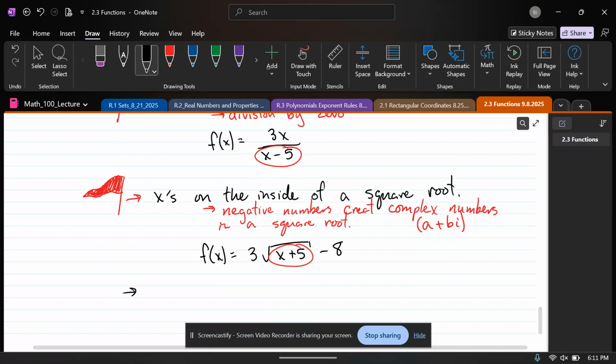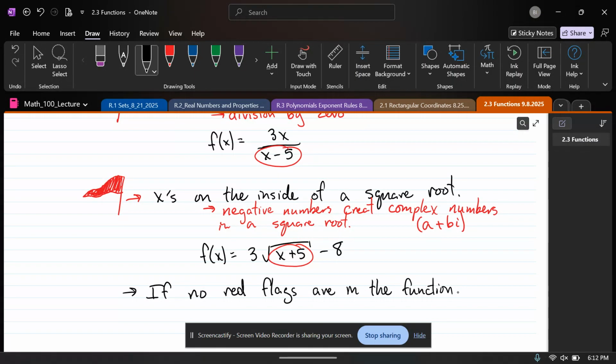If no red flags are in the function, then the domain is all real numbers.